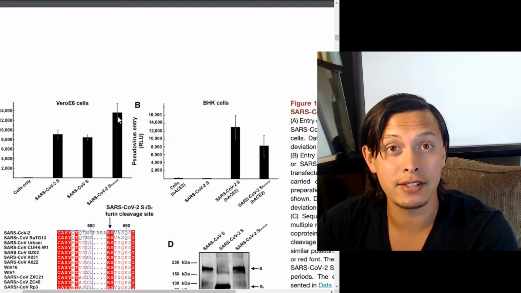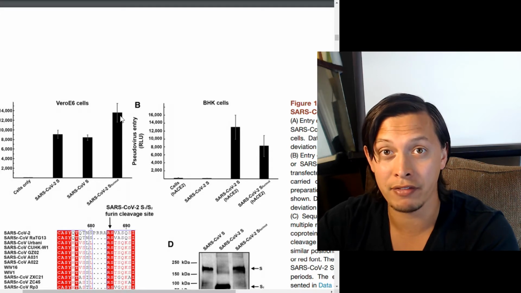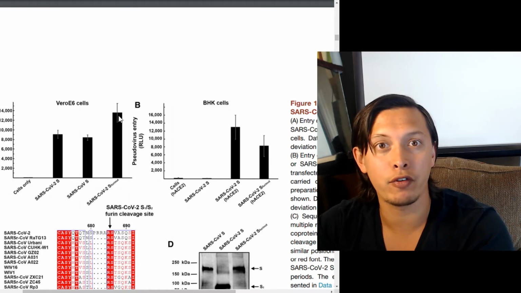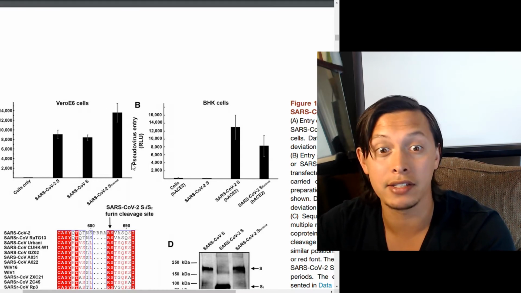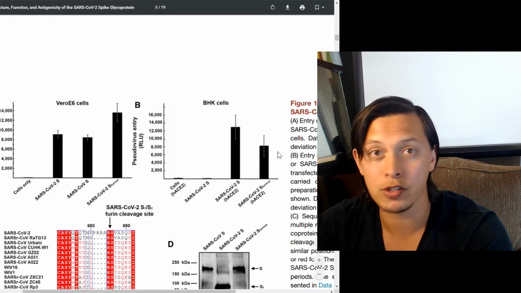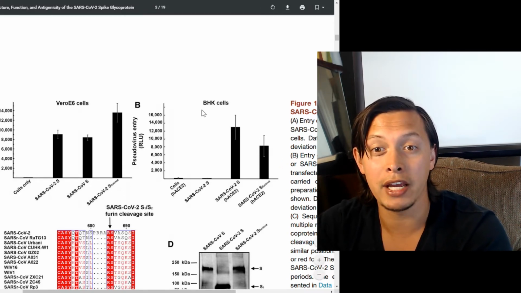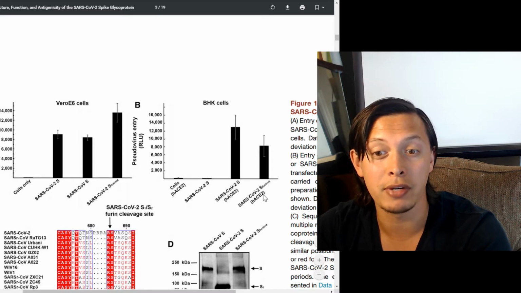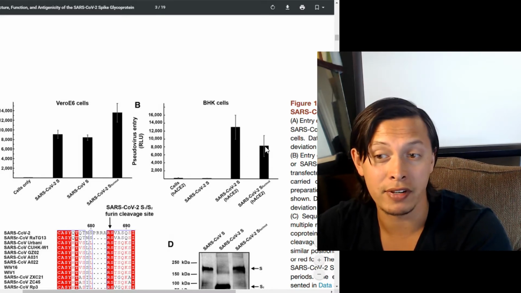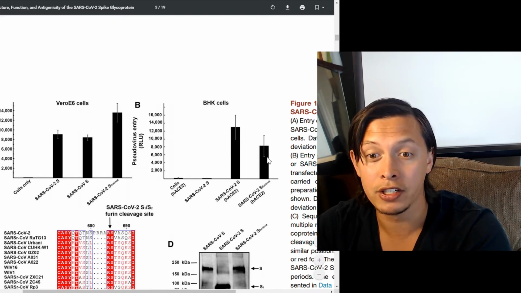And if you remove the polybasic cleavage site and replace it with a more specific cleavage site, it is still able, with a different protease, to get into the cell, and sometimes with very good efficiency. In this case, it was also able to do that with the BHK cells that are expressing the human ACE2 receptor, granted with a little bit less ability to do so.